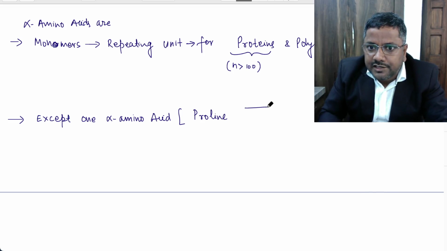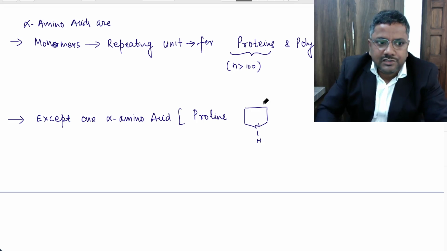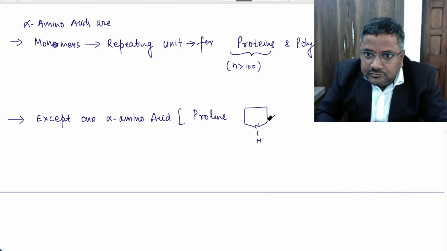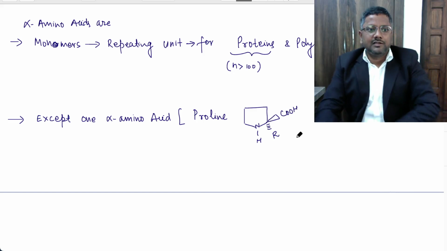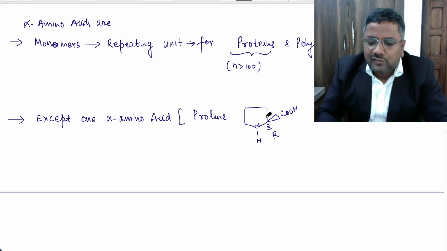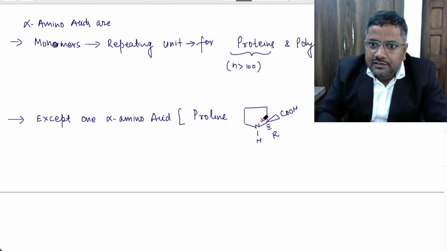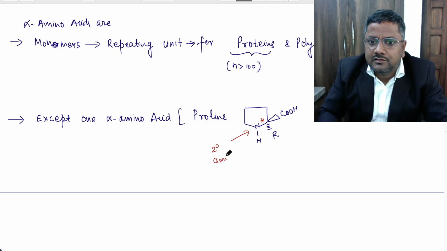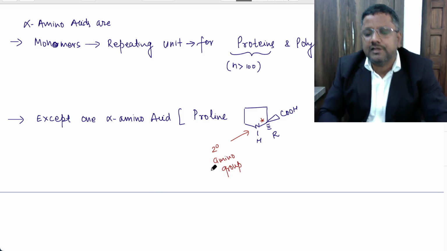This has a secondary alpha amino group, NH, right? So if you see, this is chiral, and this nitrogen is a secondary amino group, right?